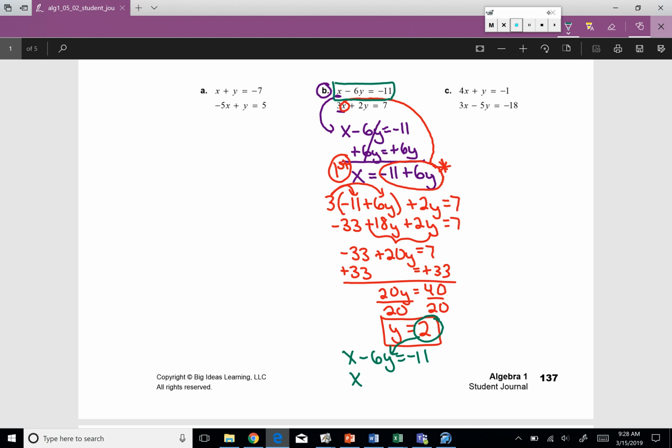When I do that, now the only variable left is x. So I have x minus 12 equals negative 11. I add my 12, and we get x equals 1. That solution, we have x is 1, y is 2.